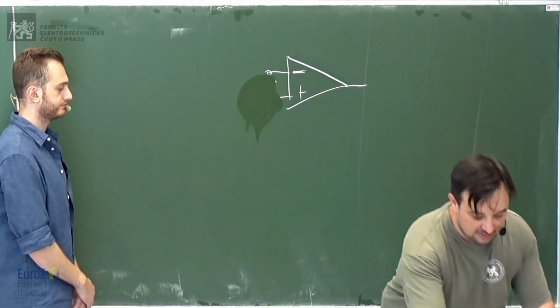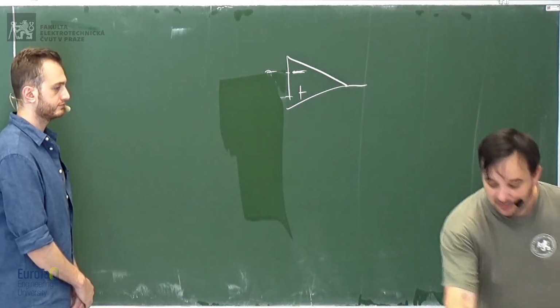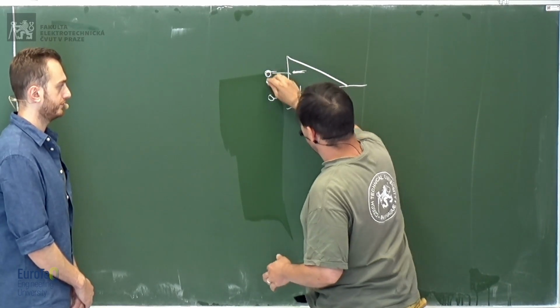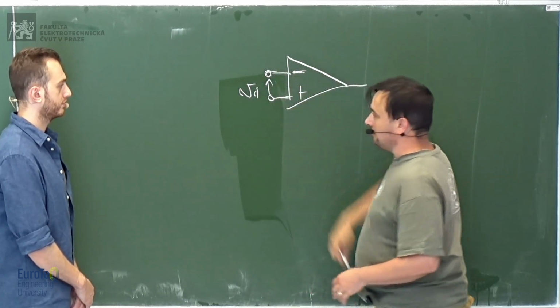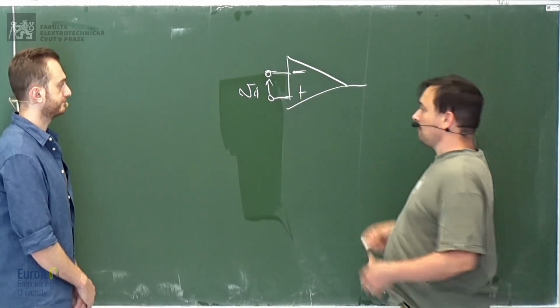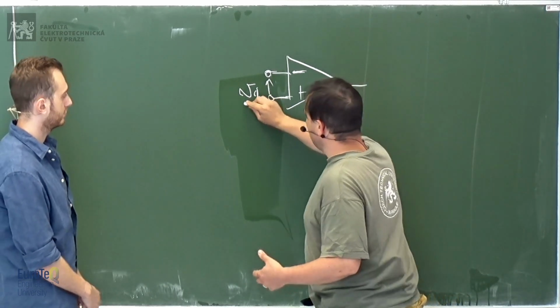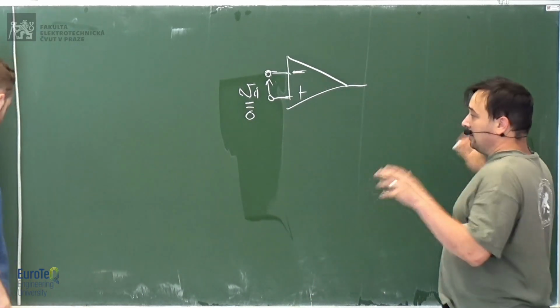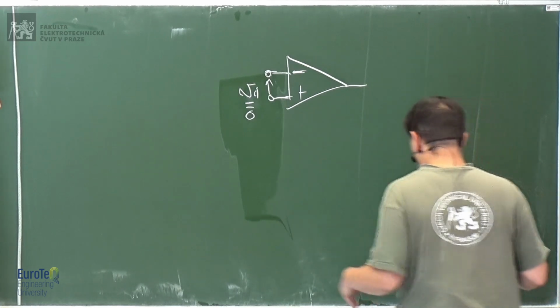So we know that the input voltage, or I keep saying input voltage, but I should say terminal voltage, the difference of the input voltages, V delta, VD, whatever we want to call it, is equal to 0. Okay? Only if we know that we arrived at the point of equilibrium.